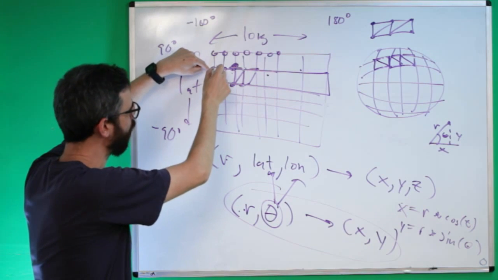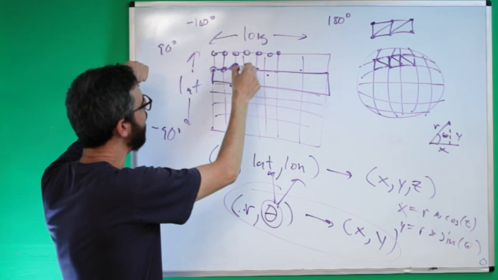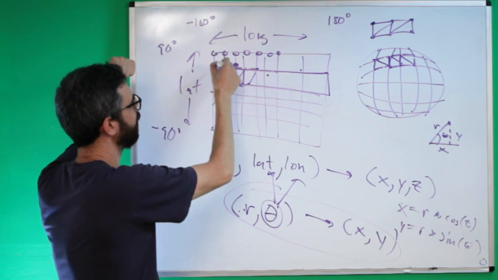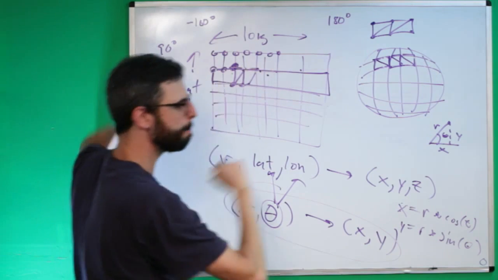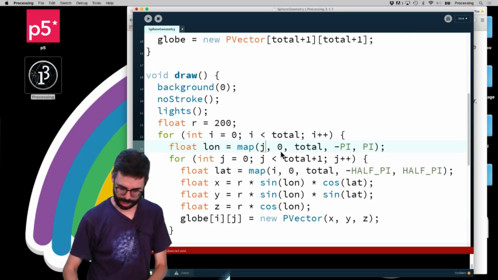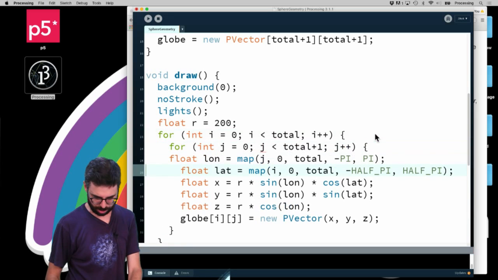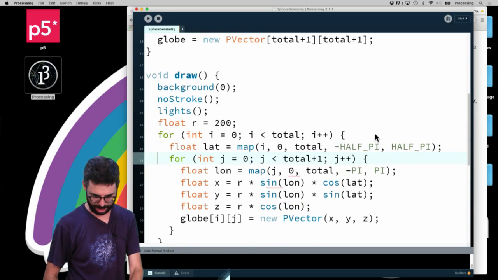So that's right. So I should have longitudes be the inner loop, because I'm moving along different longitudes. Latitude be the outer loop. Okay. Longitude should be the inner loop. Latitude should be the outer loop.